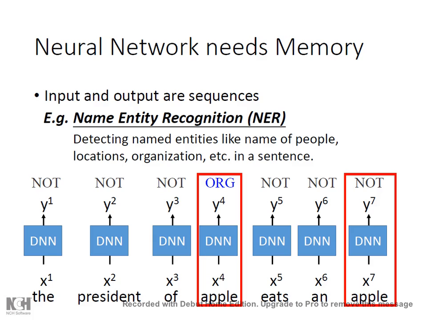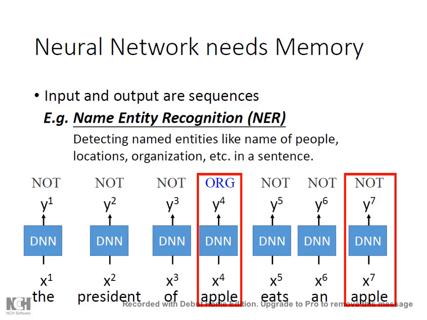This case is called named entity recognition. Named entity recognition is a task that tries to detect named entities, like the names of people, locations, and organizations, in a sentence. Here is a sentence as your input. The output will tell you, for example, whether a word is an organization or not.